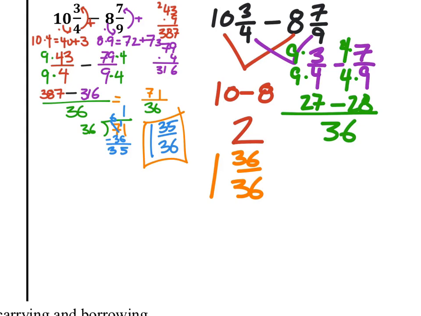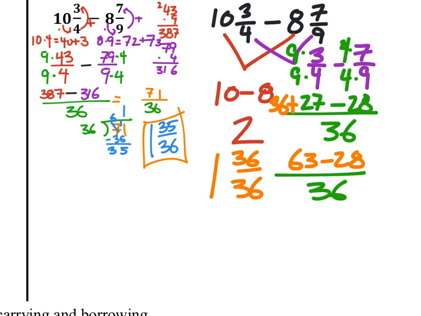Well, what does this do? It means that I can take those 36 and add them in here. So in other words, I have the 36 and the 27, which then make up, what is that, 63 minus 28? And again, this is in 36ths, right?